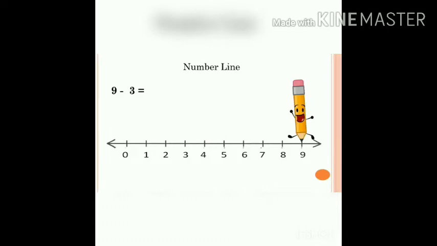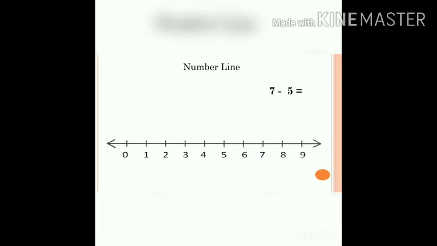So, let us jump. Jump 3 steps. 1, 2, 3. Where we have now? Now we are at 6. So, that is our answer. 9 minus 3 equals to 6. Let us see one more example.